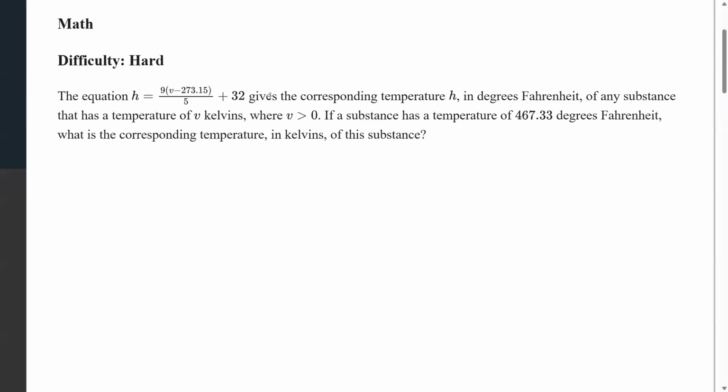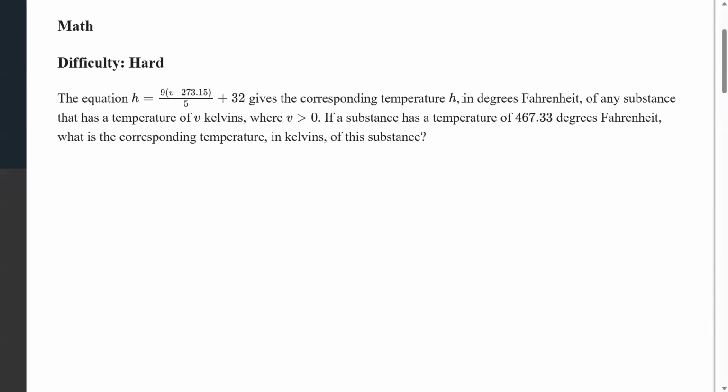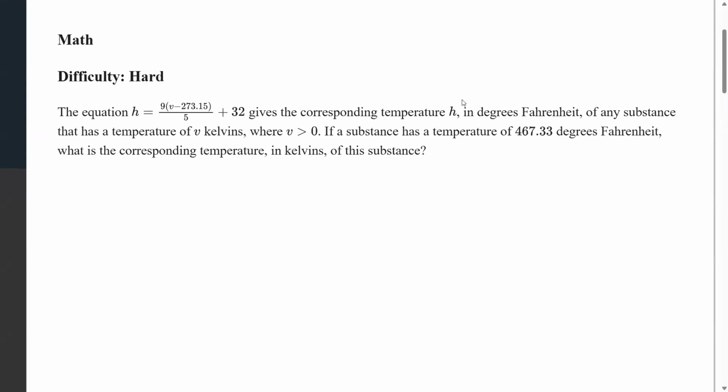The equation gives the corresponding temperature H in degrees Fahrenheit of any substance that has a temperature of V kelvins. If a substance has a temperature of 467.3 degrees Fahrenheit, okay, just substitute this in the Fahrenheit and get the kelvins.